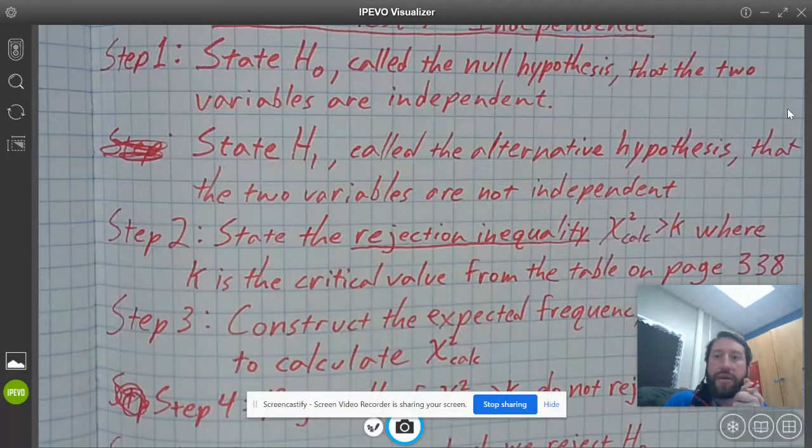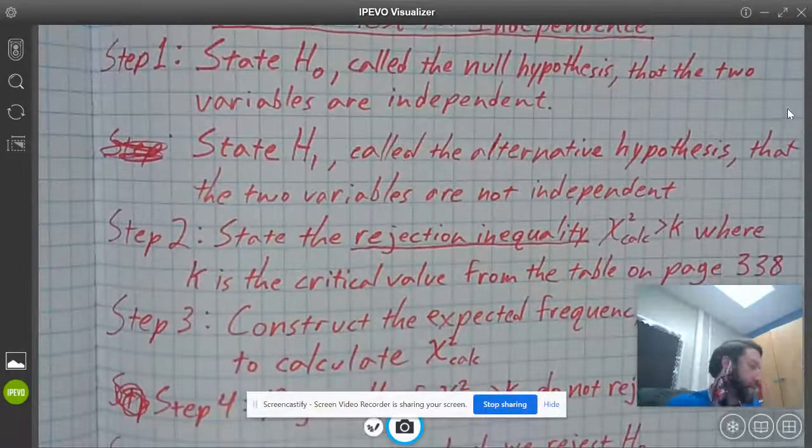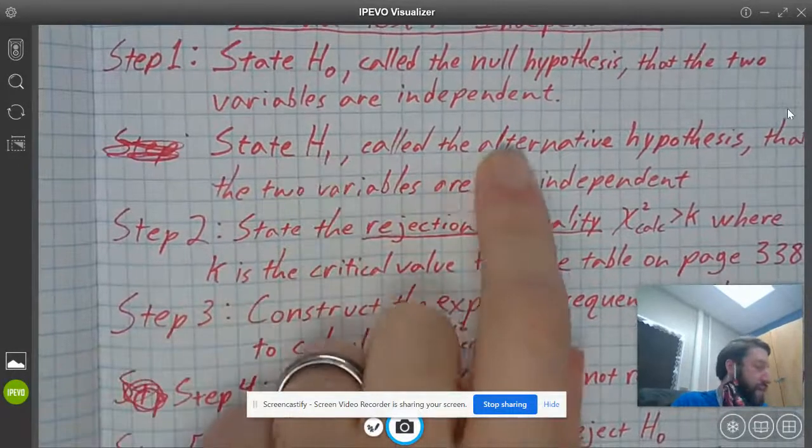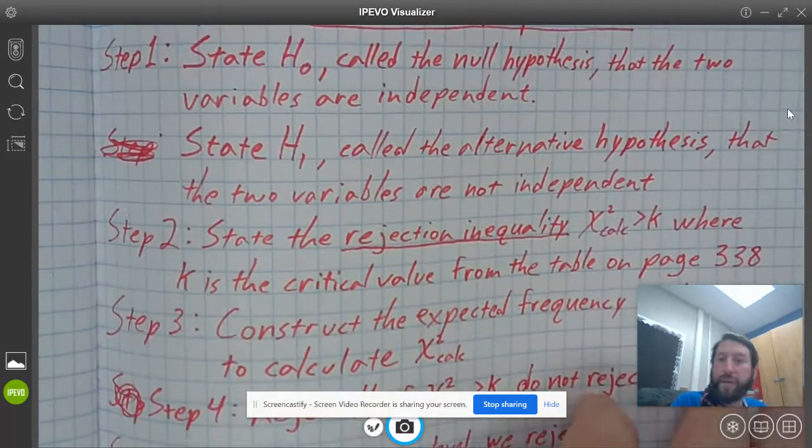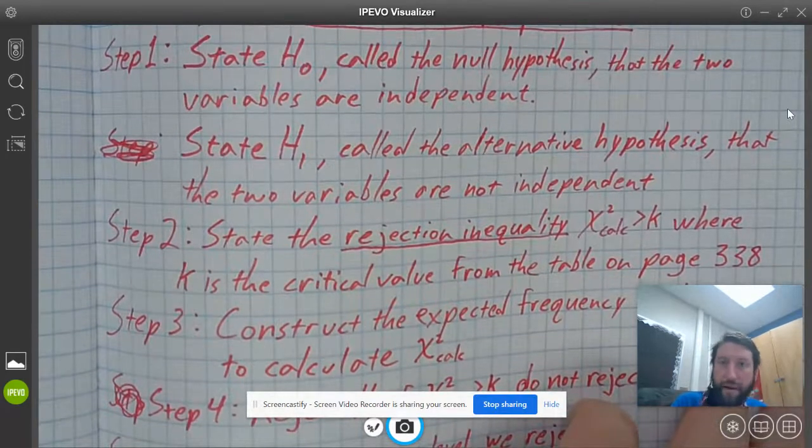This is where we say that the two variables are independent. Now, H1 is called the alternative hypothesis. This is that the two variables are not independent.